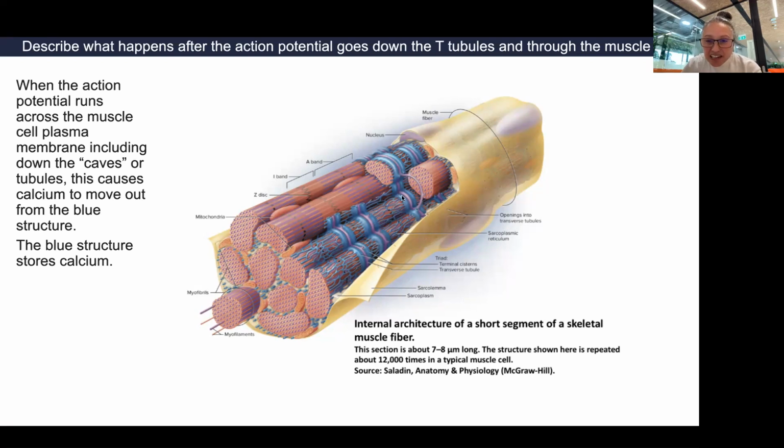In that blue structure here, we actually have calcium stored. So when the action potential goes through the muscle cell via the caves, the calcium that sits in this blue structure actually comes out. So the blue structure is like a calcium storage area.